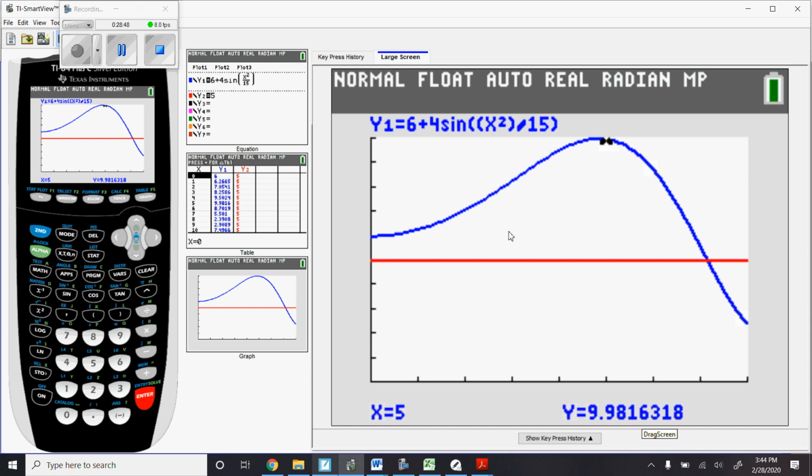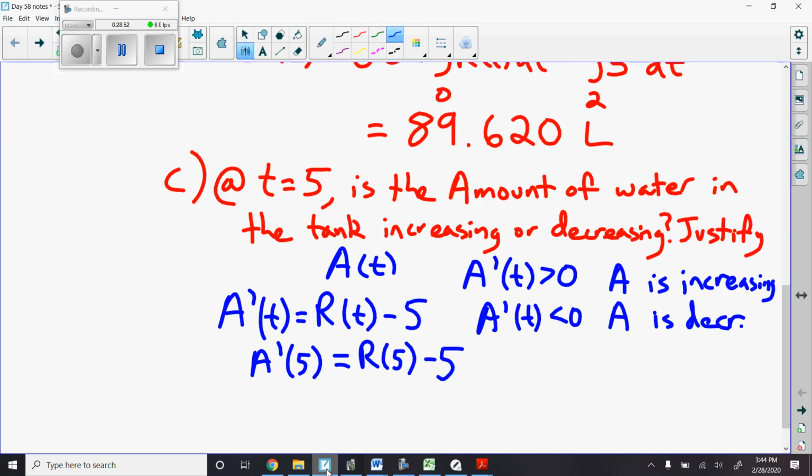I don't even have to find the number, I just have to know that it's greater than 0. Therefore, here's my justification. The amount of water in the tank is increasing.